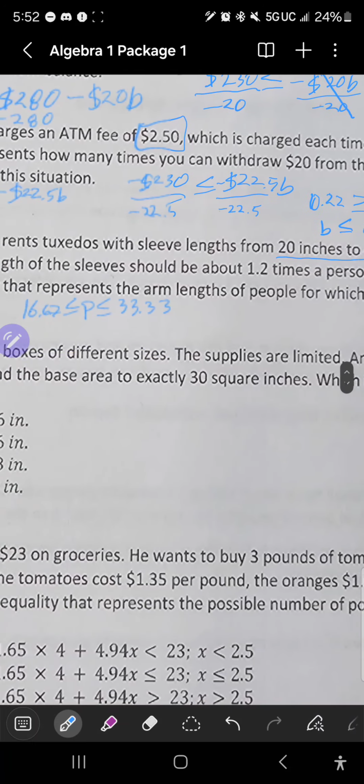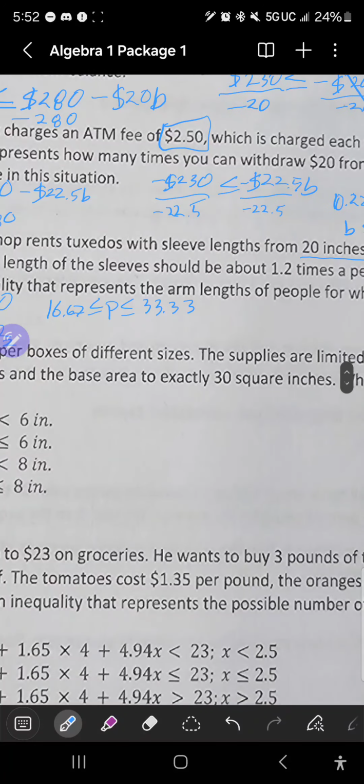Okay. Now we have an inequality for the people that the store does provide tuxedos.